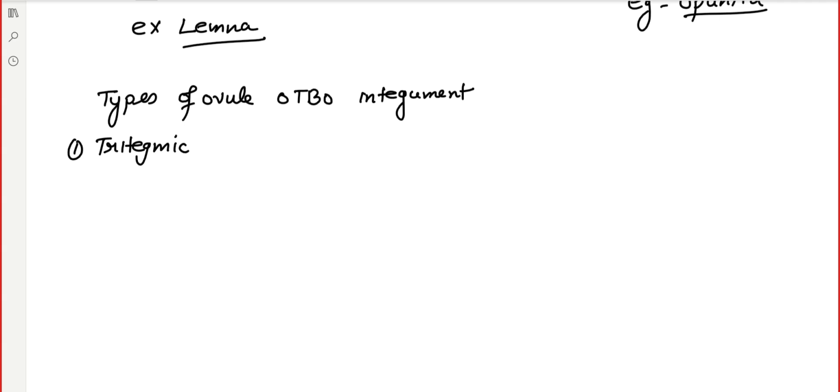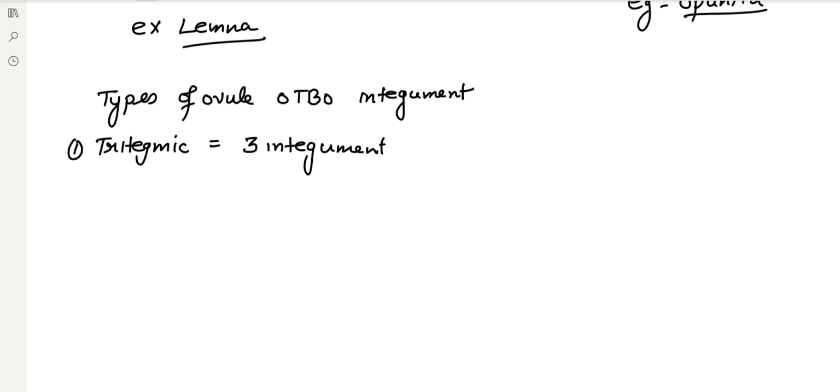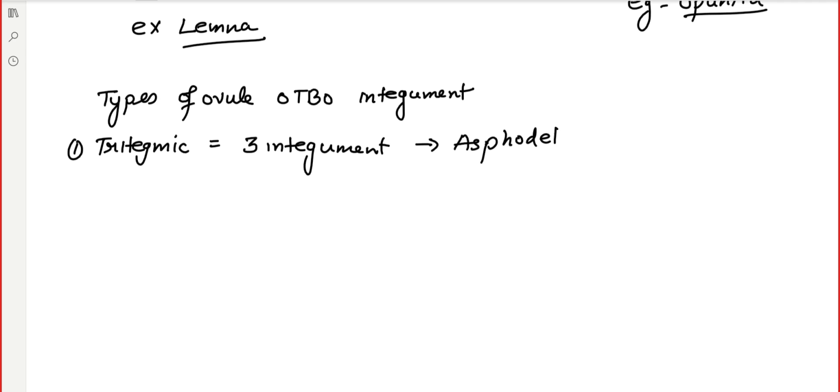What do we mean by tritegmic? Tritegmic is an ovule where you have 3 integument layers, and this is seen in the plant called Asphodelus.